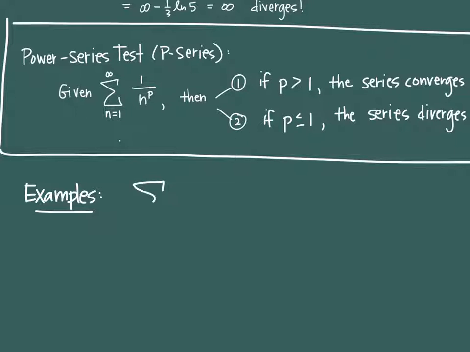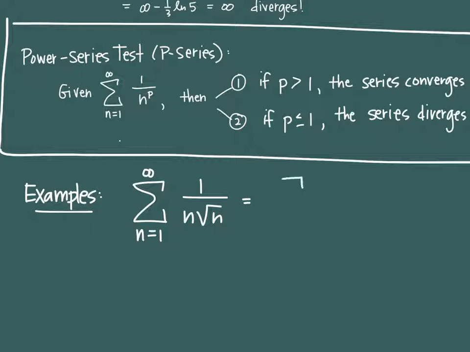We could have used this on the one we did originally. The sum from n equals 1 to infinity of 1 over n root n. So the integral test isn't the only test.